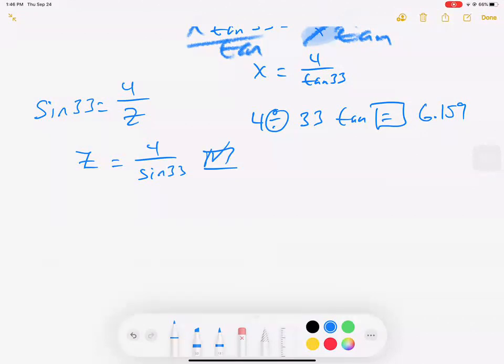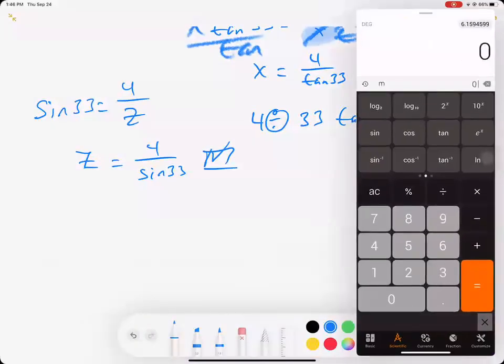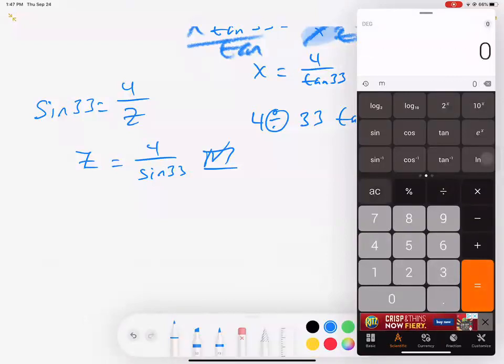All right. And when we do this, 4 divided by 33 sine is going to be, z is 7.344.